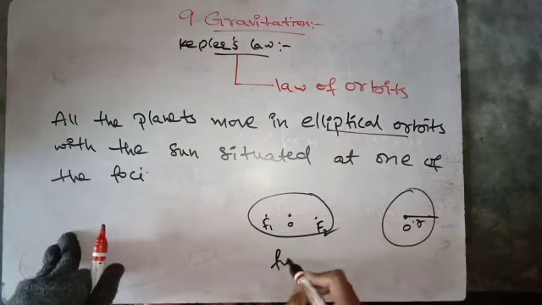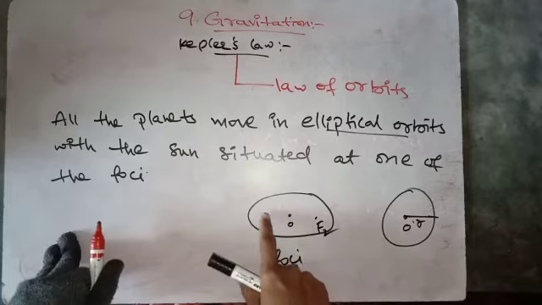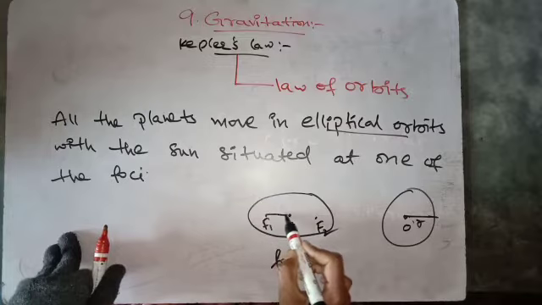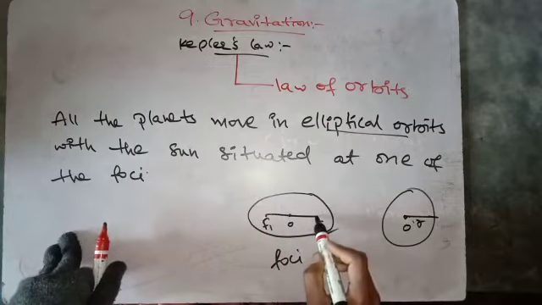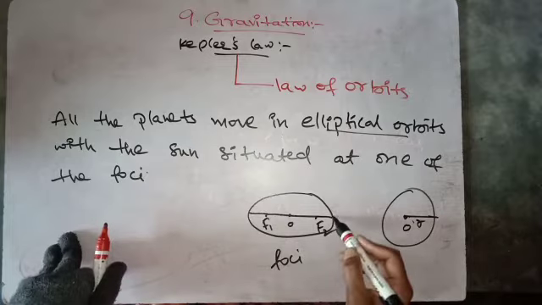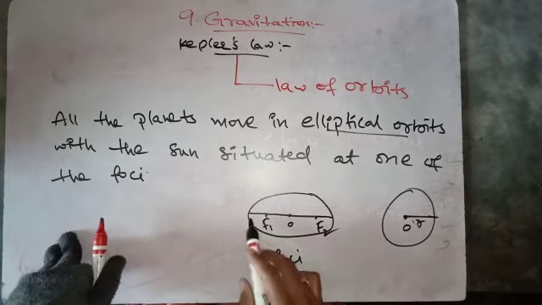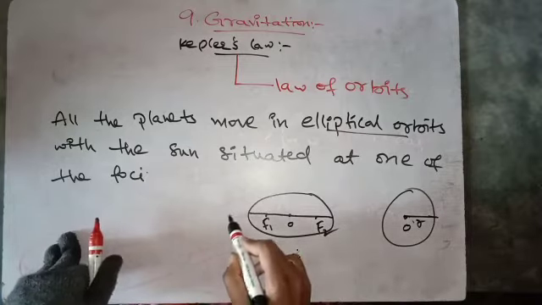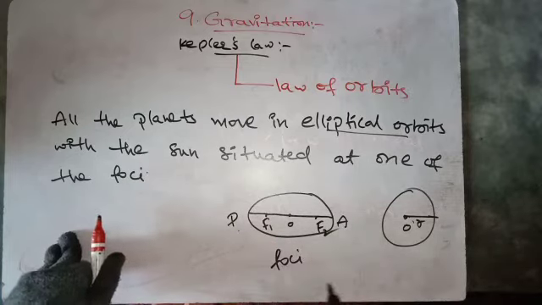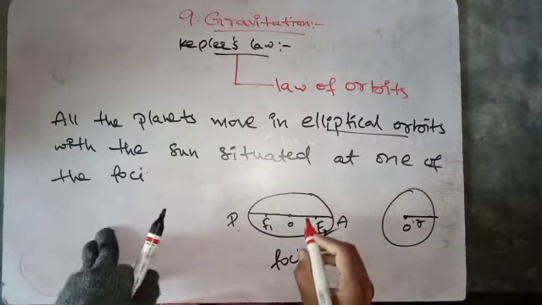An ellipse contains two foci, and if you join these two foci points and extend this line to meet the ellipse, this line PA is known as the semi-major axis.